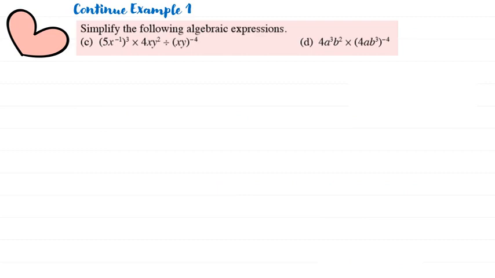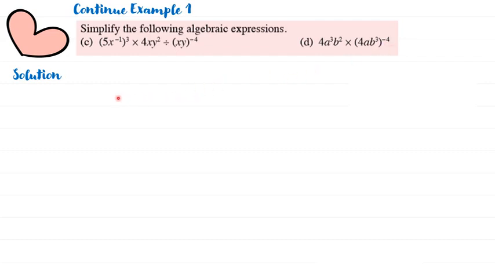Simplify the following algebra expression for question C and also question D. If we want to solve this question, first we have to look at what operations are involved in this expression. The first one has a bracket, and involves multiplication, division, and also a negative index here. Same for question D, we have multiplication, bracket, and also a negative index here.